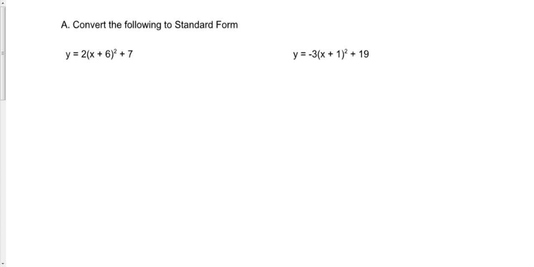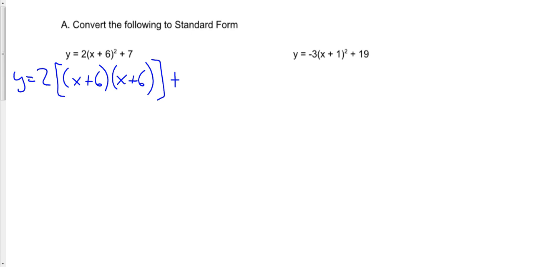form. So I'm going to write this as y is equal to 2, and then I'm going to expand out the x plus 6 all squared so that it's x plus 6 times x plus 6, and then plus 7, because I haven't dealt with that plus 7 at the end yet.